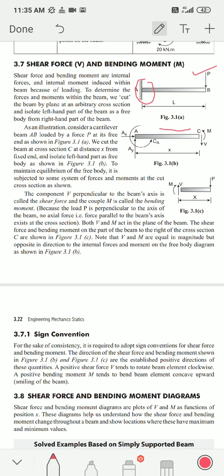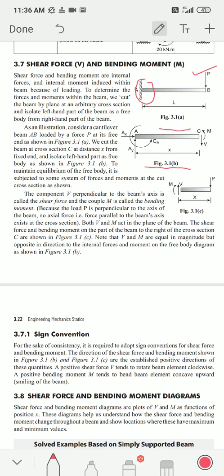Let's first understand. We first draw the free body diagram, which is shown in figure 3.1b. We replace the fixed support at A by three reactions: AX, AY, and the moment reaction CA.